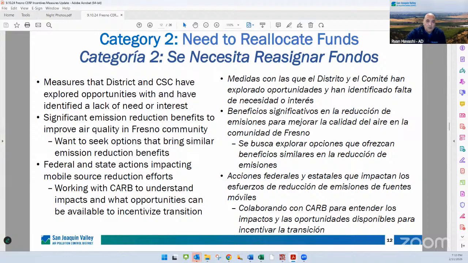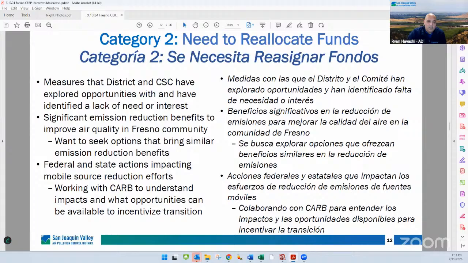And things like the locomotive and the switchers, when we put those in, they had large emission reductions associated with them. And so, by not being able to move forward with those, we definitely don't want to see a huge shortfall in emission reductions that we're getting because of the health benefits associated with getting those emission reductions.